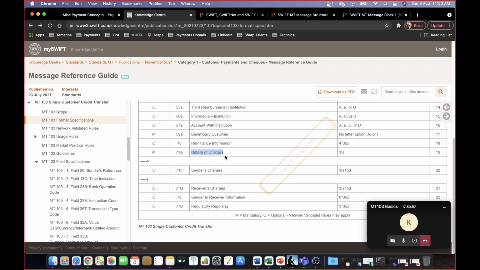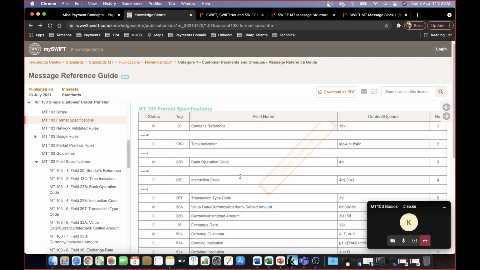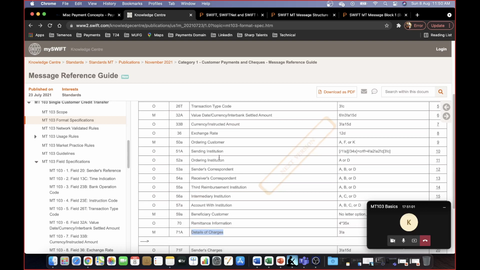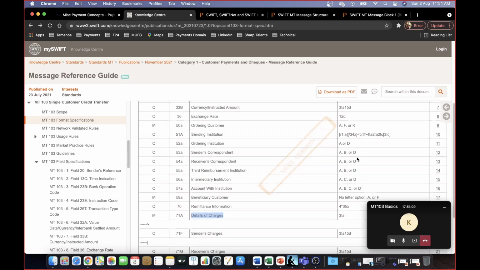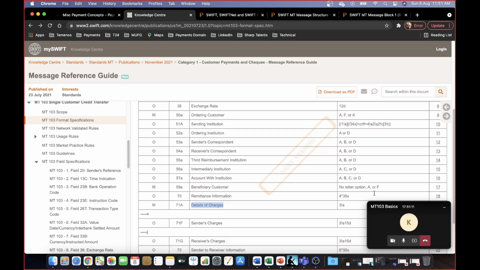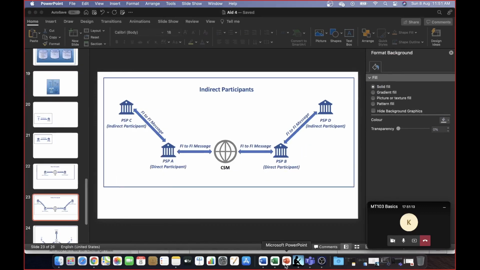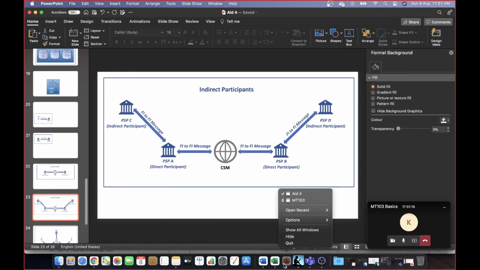These are just the mandatory fields. Some of the other fields are conditionally mandatory. As I said, you can click on each of the numbers and go through what each of those conditions are.